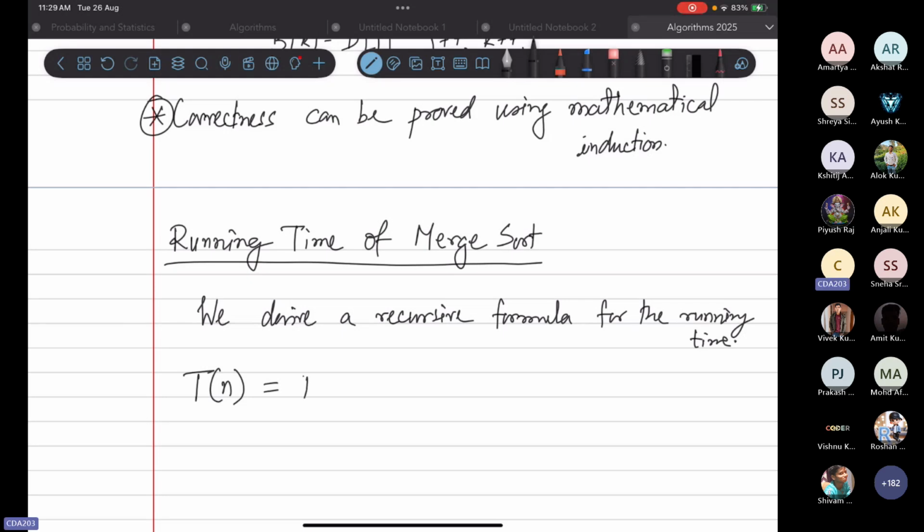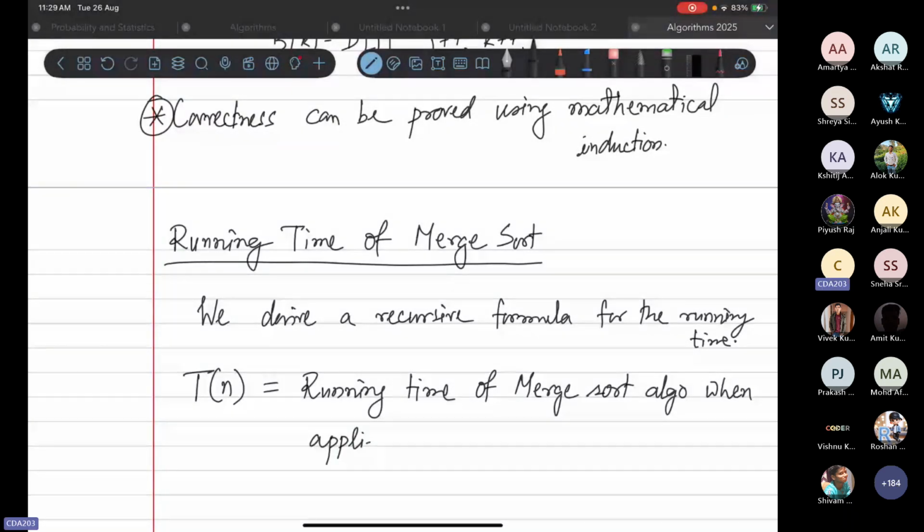Tn is the running time of the merge sort algorithm when applied on a set of n numbers.